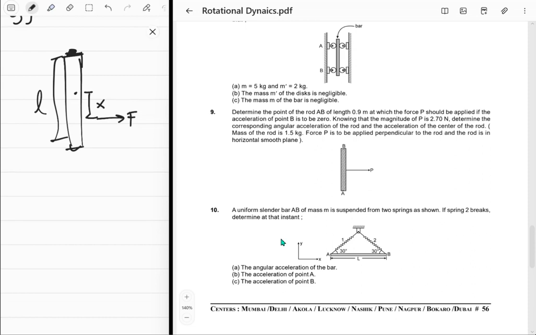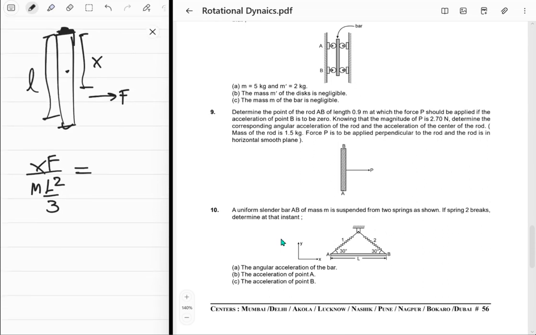Then that just means x plus L upon 2 times F. In fact, let's just say this whole thing is x. So x times F upon ML squared upon 3. That's our angular acceleration, and that's also equal to the angular acceleration seen in the center of mass. But there's no force on this point, really.